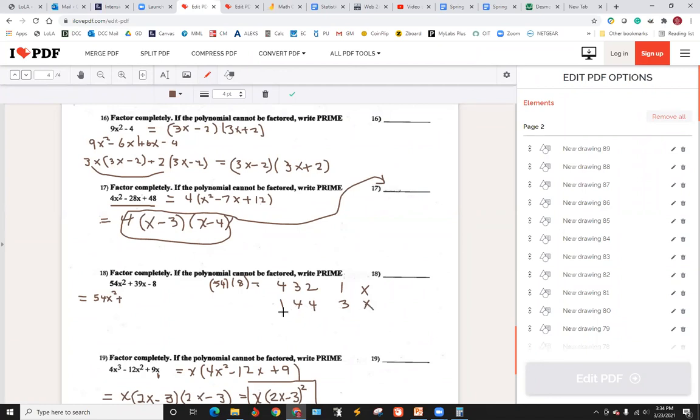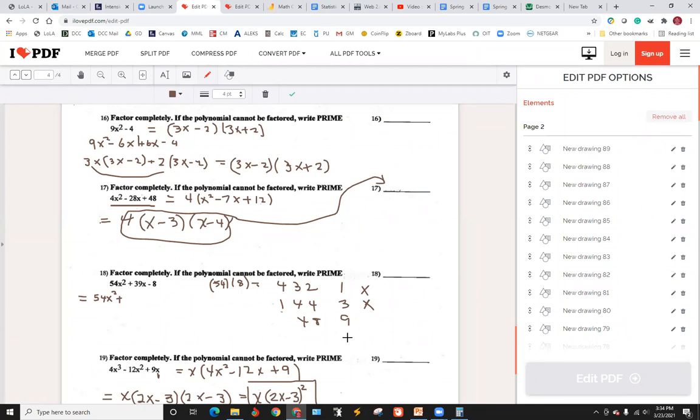4, 8, 9. So this one is also divisible by 3. 144 divided by 3 is 48. And if I take that 3 out and multiply it times that 3, it's 9. I think we got what we need, right? Yeah. I like this.